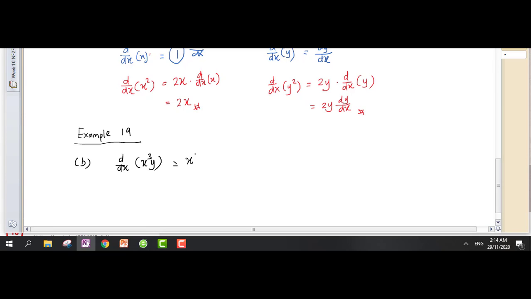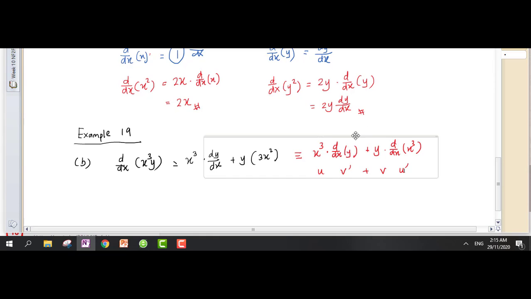Keeping u, differentiate y, so you get dy/dx, plus keeping y, differentiate x cubed, you get 3x squared. This is equivalent to x cubed d/dx of y plus y times the derivative of x cubed, which is uv' plus vu'.